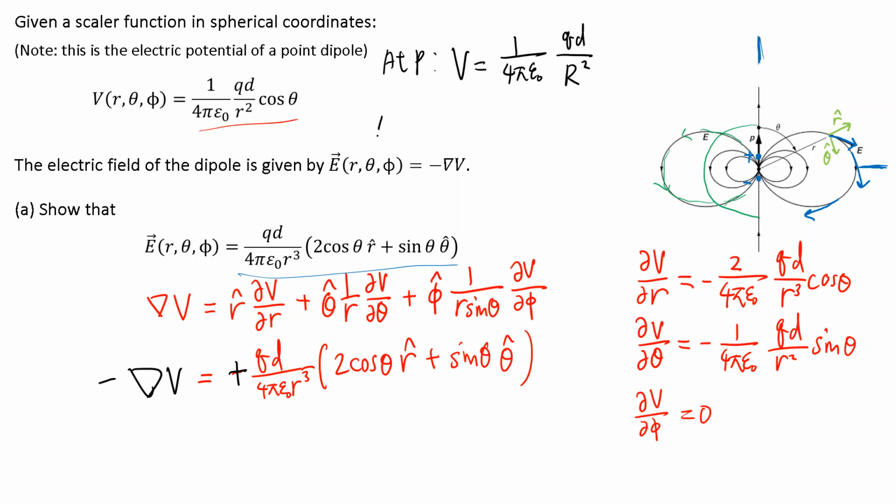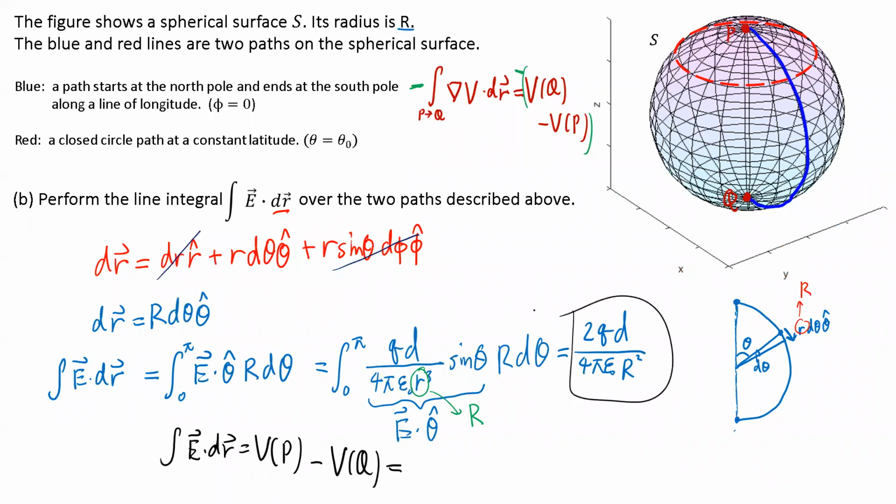Whereas at point Q, V is 1 divided by 4 pi epsilon naught, QD, again divided by capital R squared. The R value did not change, but theta becomes pi, so cosine pi gives a minus. So this one minus this one is exactly this.